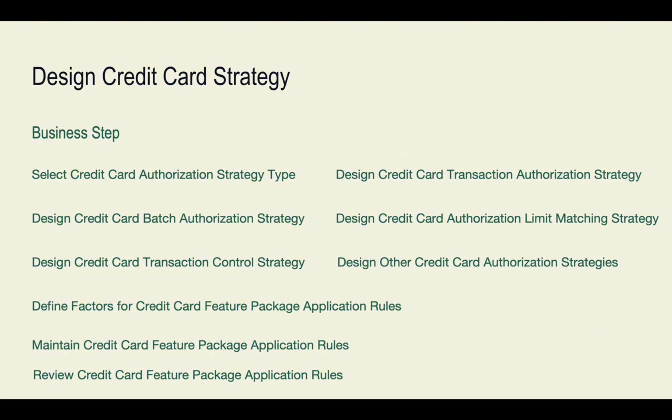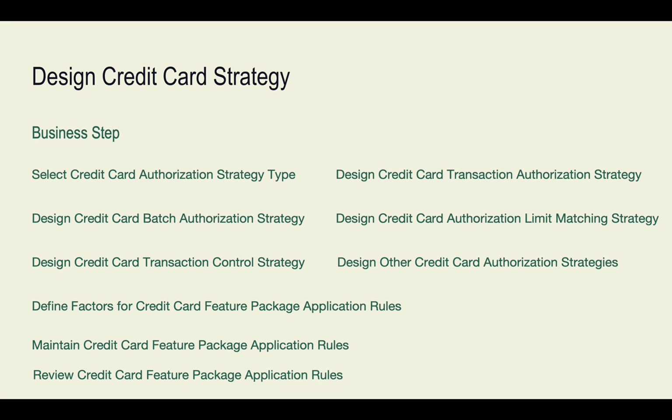When we design credit card authorization strategy, we follow a systematic process. First, we choose the type of credit card authorization strategy, figuring out which specific part of transactions or business we'll manage with the strategy. Next, we'll design credit card transaction authorization strategy, which sets rules for authorizing individual transactions.